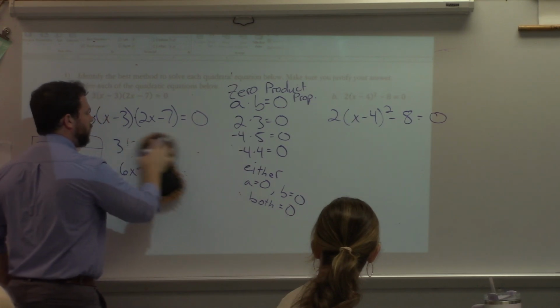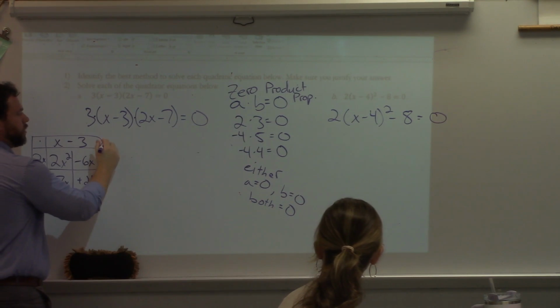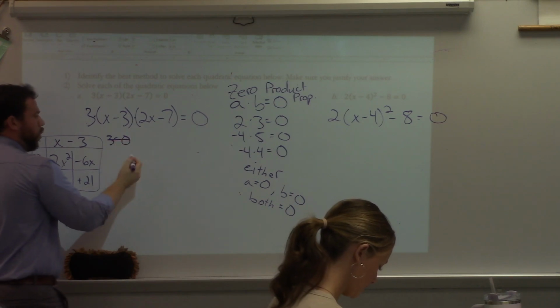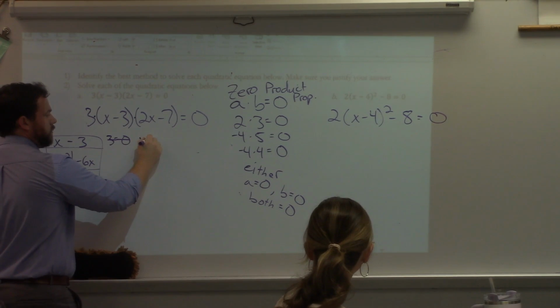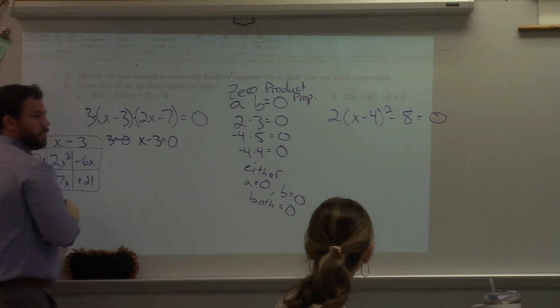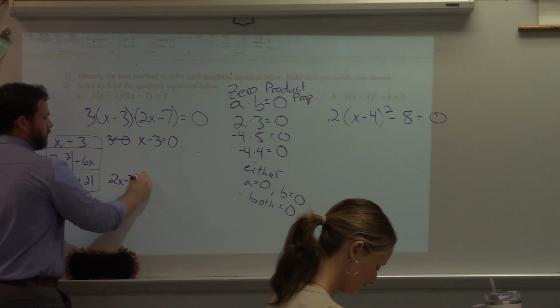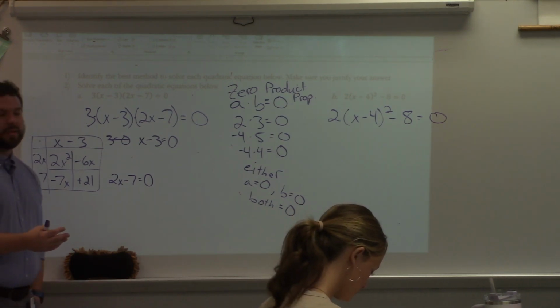So guys, the whole point of factoring is so that I can use the zero product property. Either 3 equals 0, which it does not, or 2x minus 7 equals 0. That's way easier than what a whole lot of us were making this.